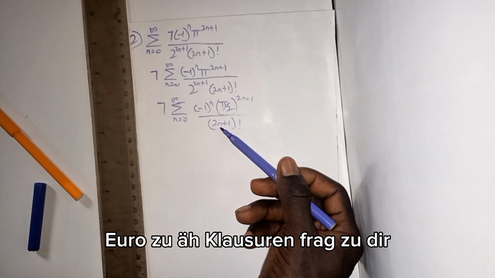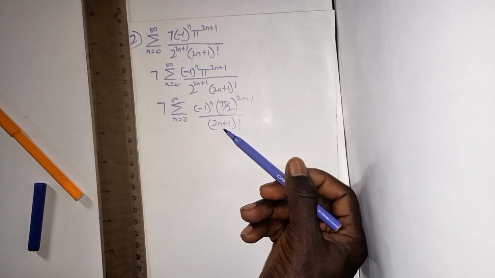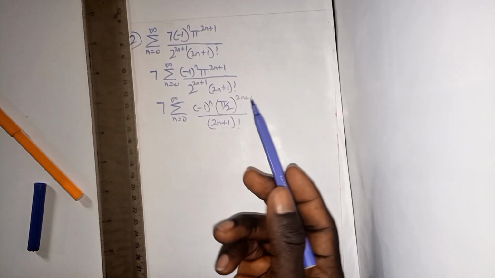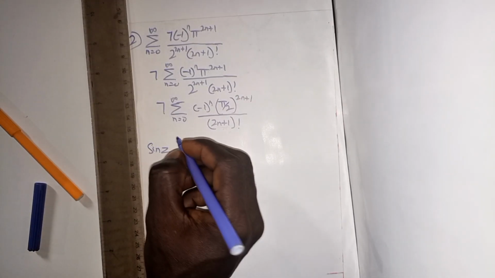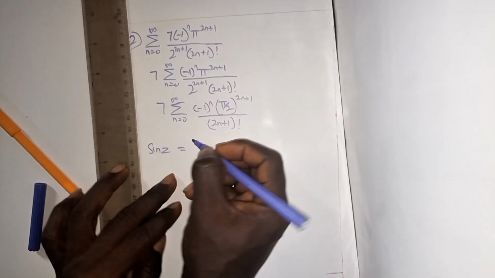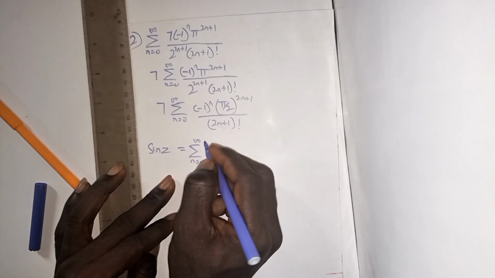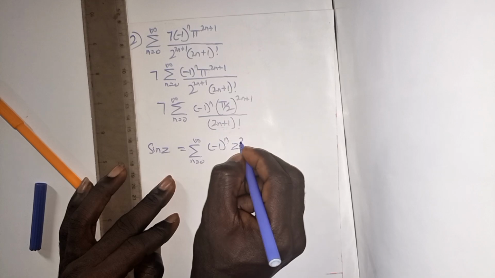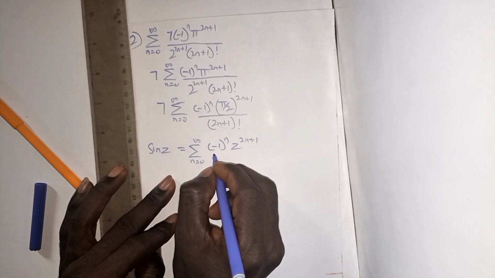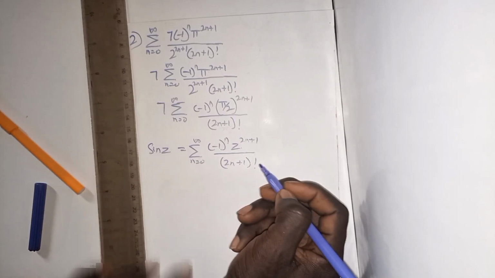Now at this stage, what should be going on in our mind is that it should remind us of another popular and common function. This is just another Taylor expansion of a popular function. This should remind us of the sine function. Let's say sine of z, which is the sum from 0 to infinity of minus 1 to the n, then z to the 2n plus 1 over 2n plus 1 factorial.